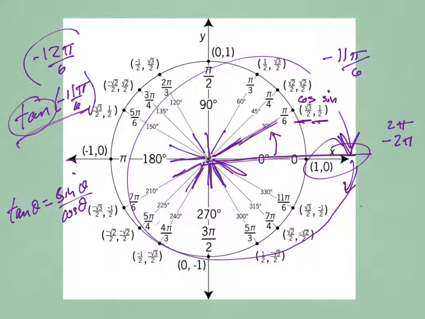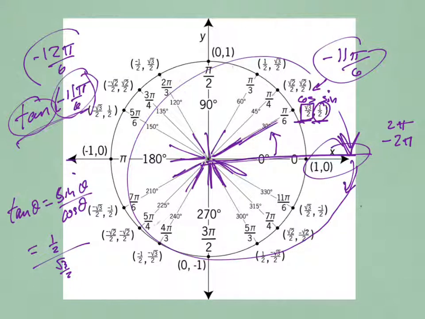And so what's the sine of -11 pi over 6? Which one is the sine? 1/2. And which one's the cosine? The x value is the cosine. Looking at -11 pi over 6, it's √3 over 2.